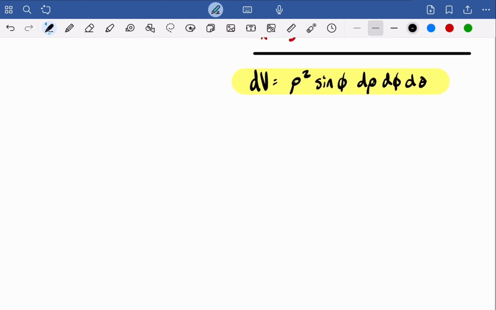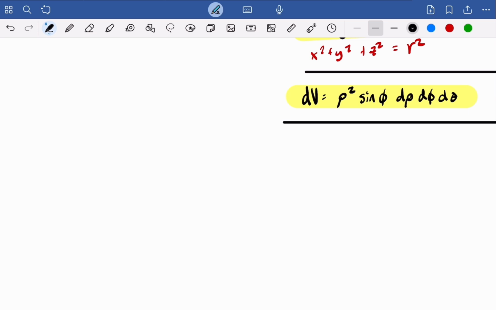I'll introduce this concept here. This is what's nice about spherical coordinates: if you have an integral of rho, phi, and theta, d rho, d phi, d theta, you don't need to exactly have these here, but you can.